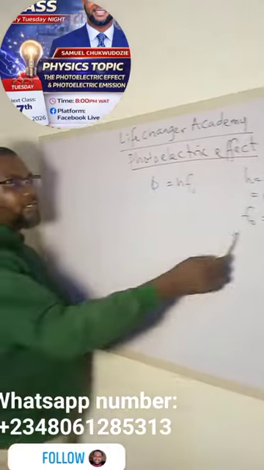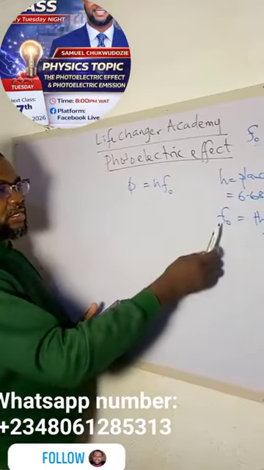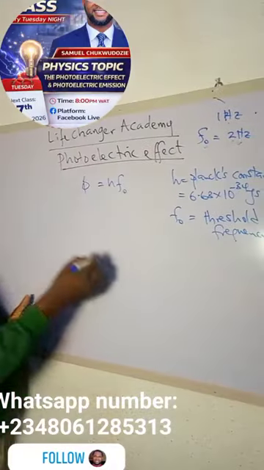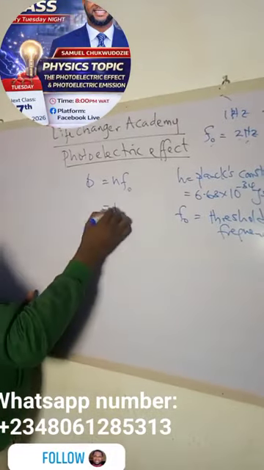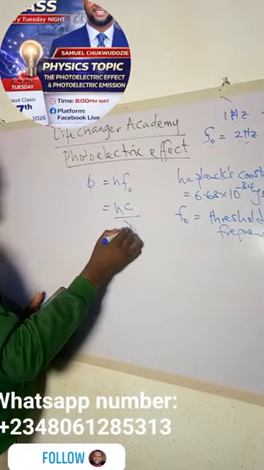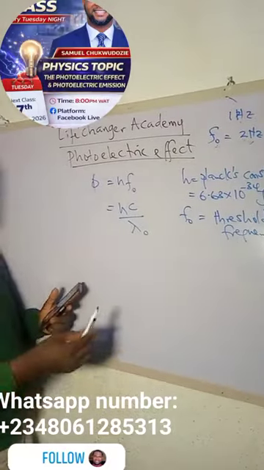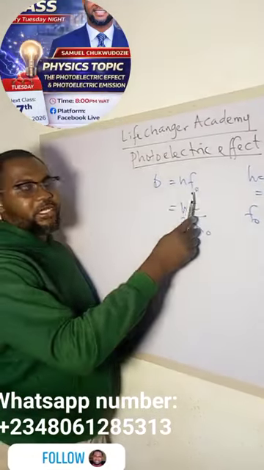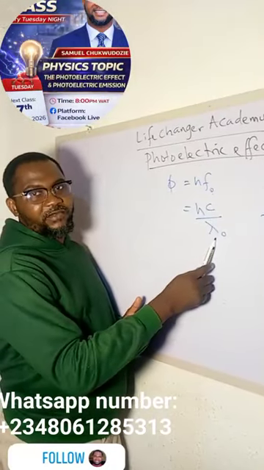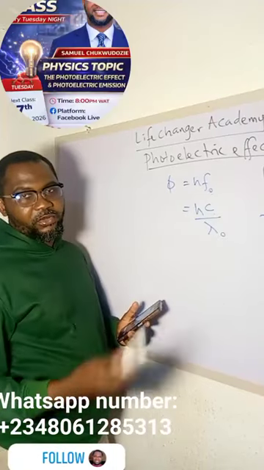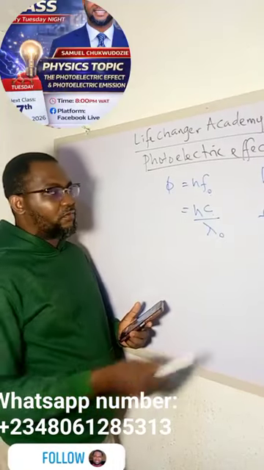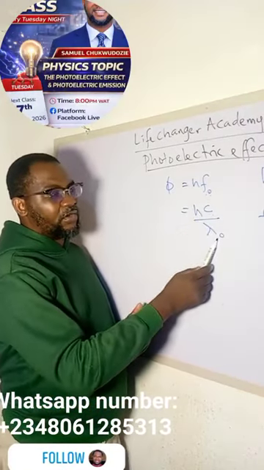Okay, so we have your h to be this, you have your f naught. Then this formula, I can also write as hc over lambda naught, because frequency is always speed over wavelength. It's one of the general formulas for the properties of waves: frequency is speed over wavelength.